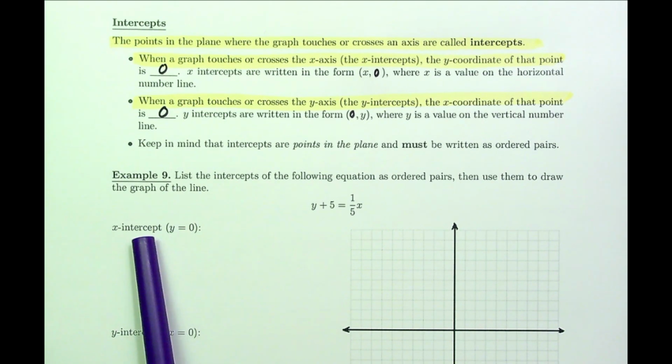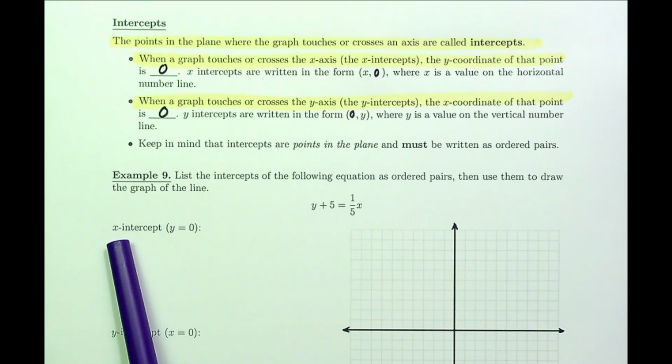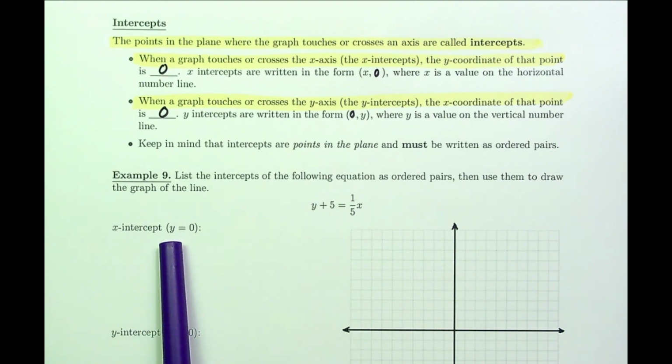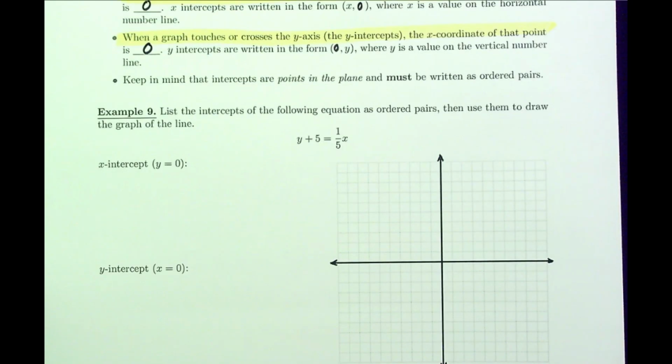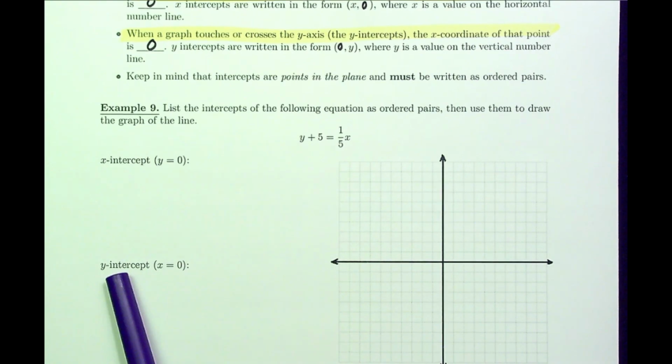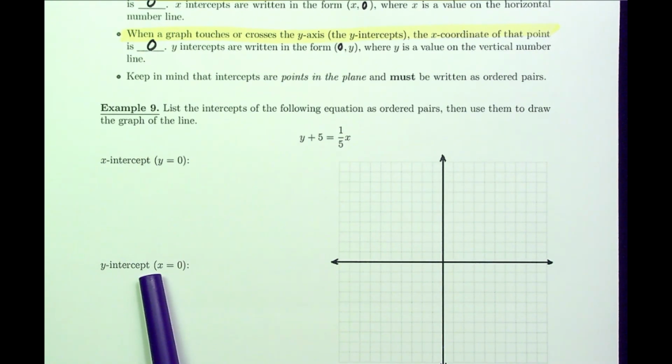So this is how you're going to do it. If you want to find an intercept, say the x-intercept, you're going to set the other variable equal to 0. If I'm trying to find the y-intercept, then I'm going to set the other variable equal to 0, in other words, x equals 0. You're going to plug that in and find y. Okay, that's how you find any intercept.